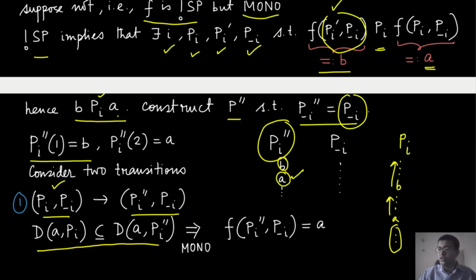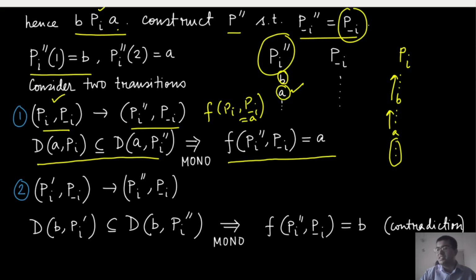Now you also know that f of pi p minus I is actually equal to a. So therefore, using the monotonicity property, in this new profile pi double prime p minus I, the outcome should also be a.